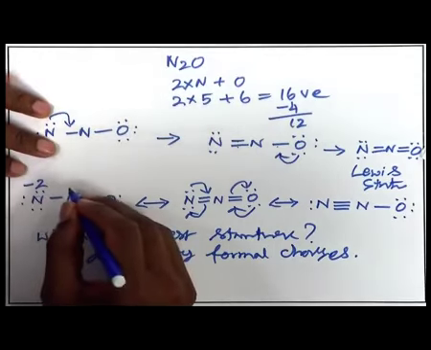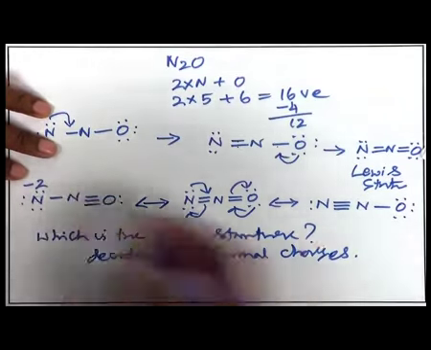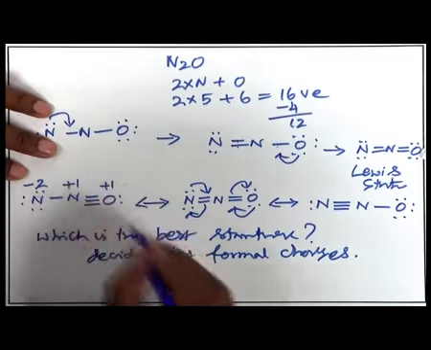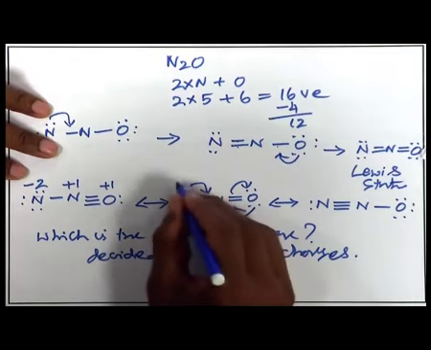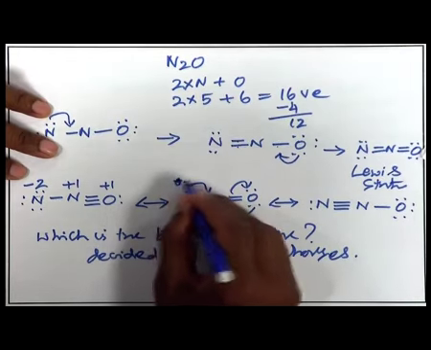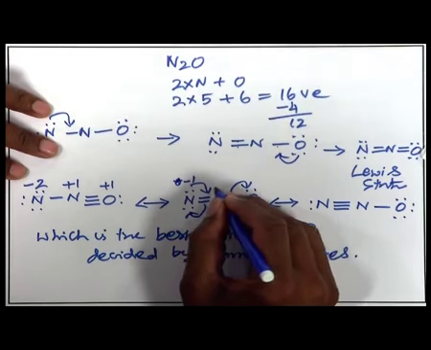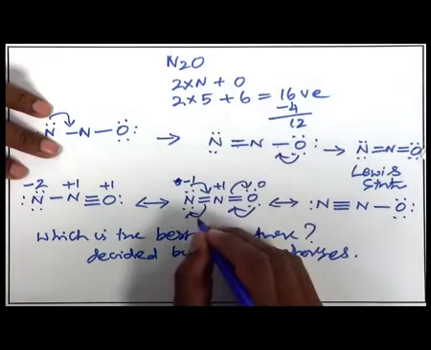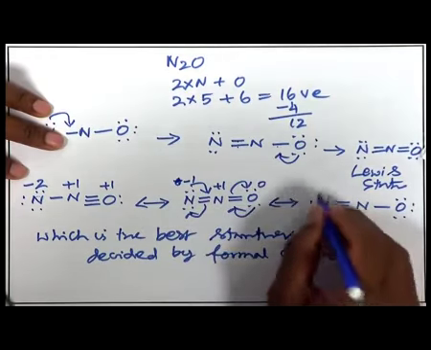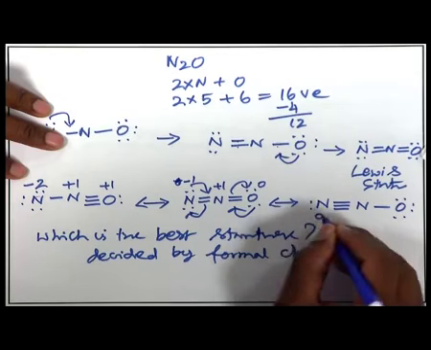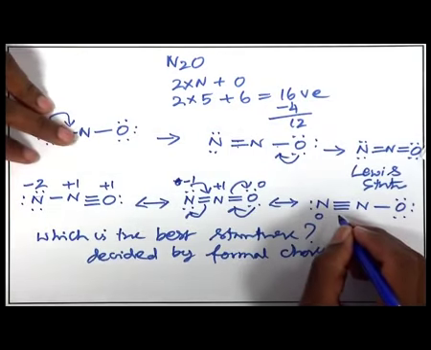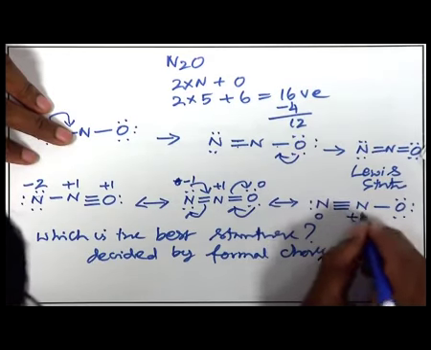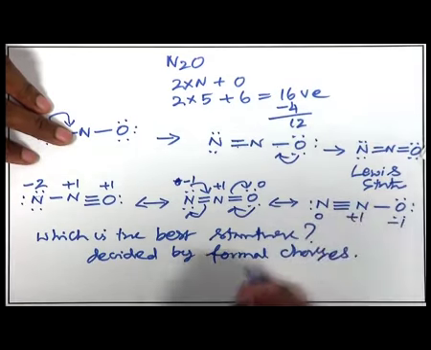I am writing the formal charges right away from what I already worked out: plus 1, this is plus 1, this one is minus 1, this is plus 1, this one is 0, and here you have 0, then here you have plus 1, here you have minus 1, correct.